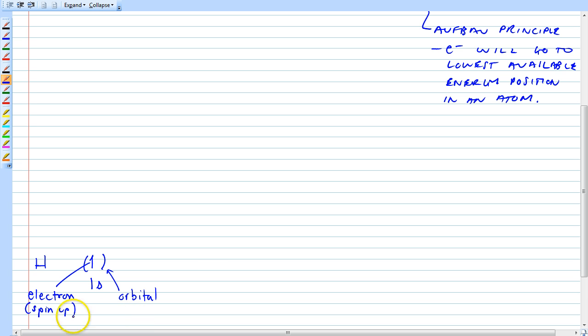You can draw the orbital filling diagram, or you can write it in a shorthand, which would be 1s1. So what we're saying here is we're in the first energy level, in the S sublevel, and there is one electron in that sublevel. And so the electron configuration is 1s1 for hydrogen. If I had helium, then my electron configuration would be 1s2, because I now have 2 electrons in that orbital. They're represented by these 2 arrows.